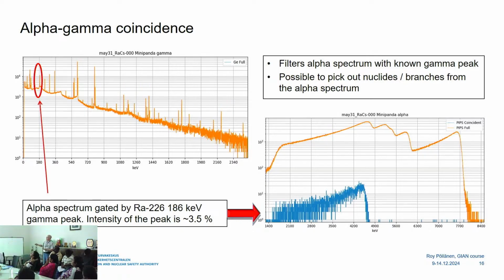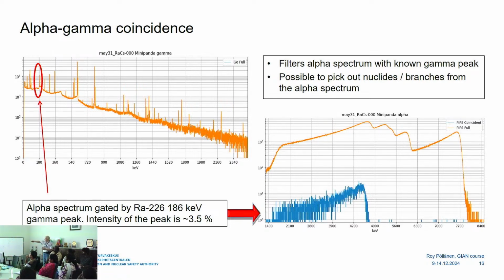However, we can in this case detect those alphas when these gammas are detected at the same time and register, in this case, alphas only.